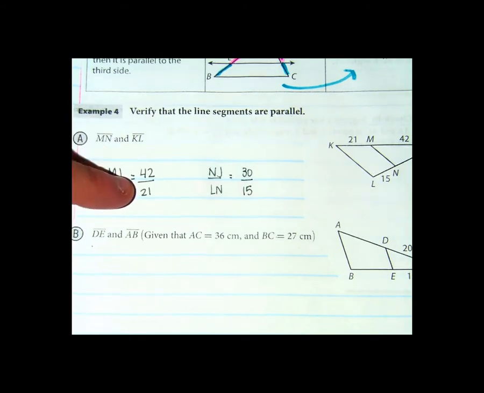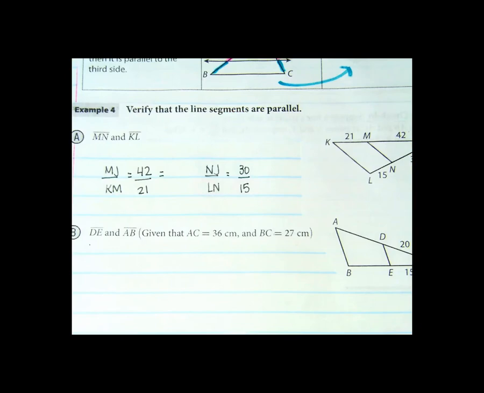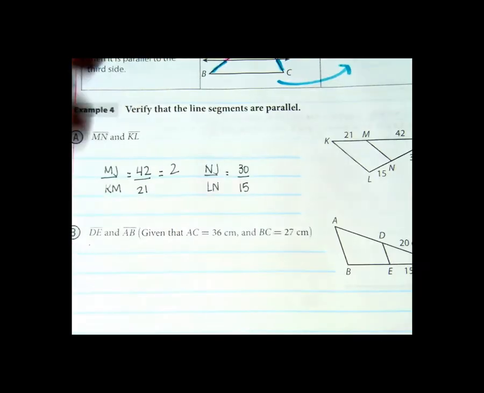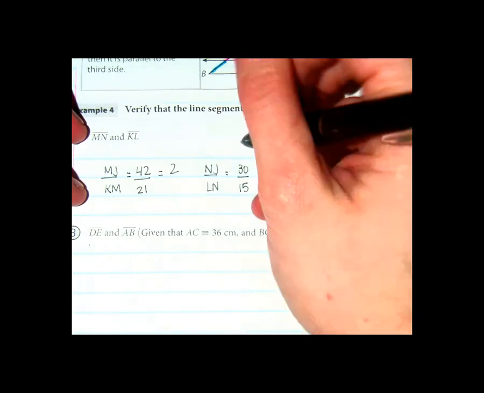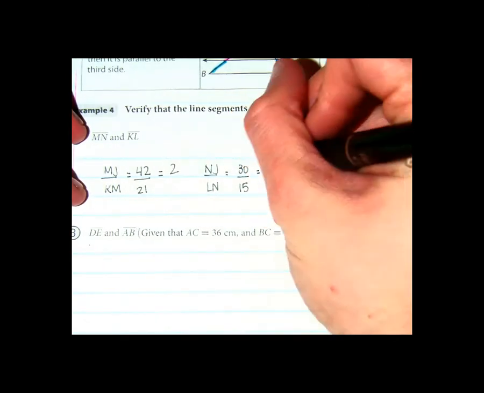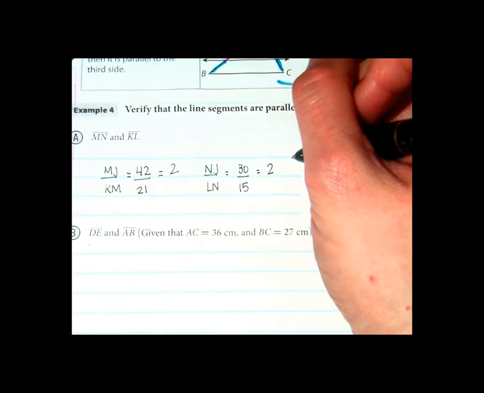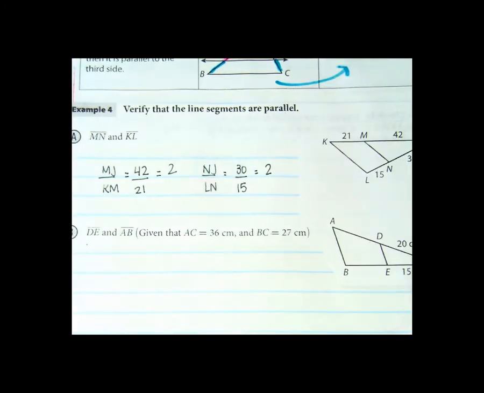What is 42 over 21 reduced to? 2. If you have it the other way around, as long as both of them are the other way around, you were fine, so you would have had 1/2 instead. What is this one reduced to? So they are equal. They are proportional to each other.